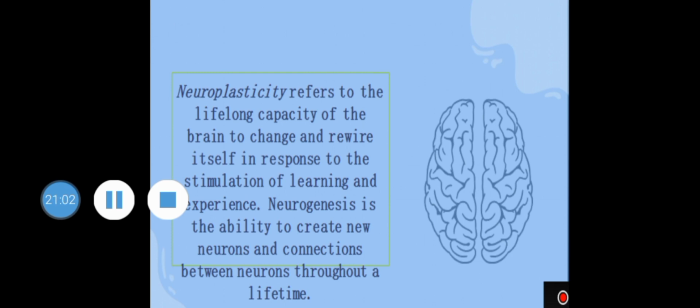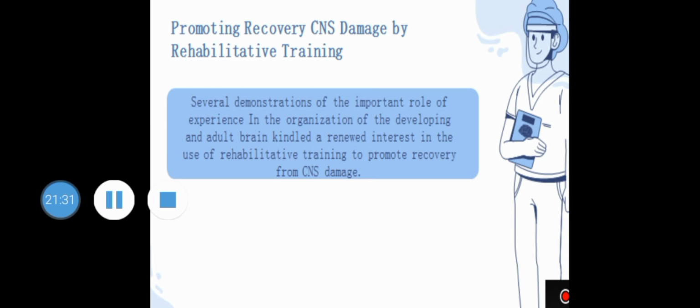So simply, in neuroplasticity, our brain has the ability to form new connections. Next, we have promoting recovery from CNS damage by rehabilitative training. Several demonstrations of the important role of experience in the organization of the developing and adult brain kindled a renewed interest in the use of rehabilitative training to promote recovery from CNS damage.